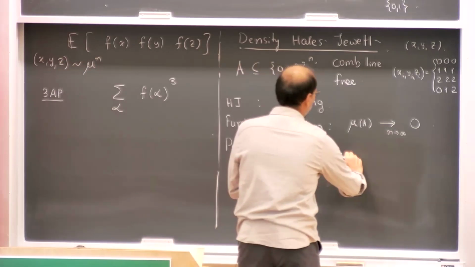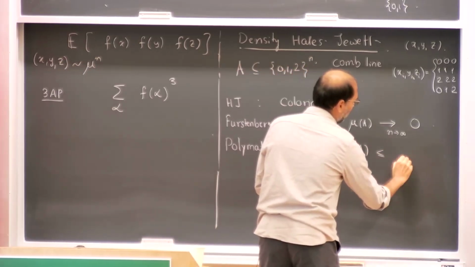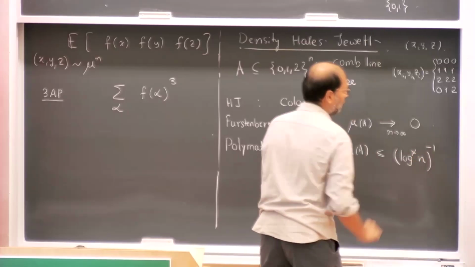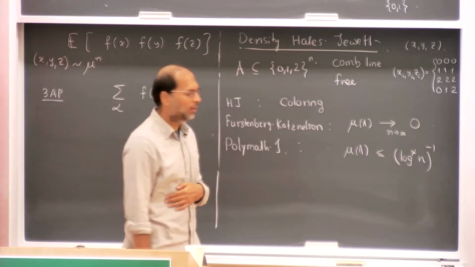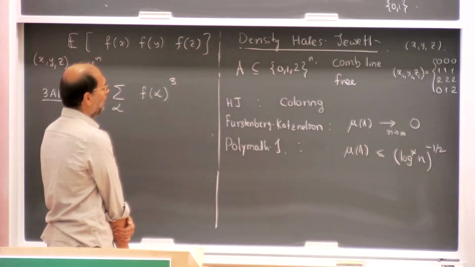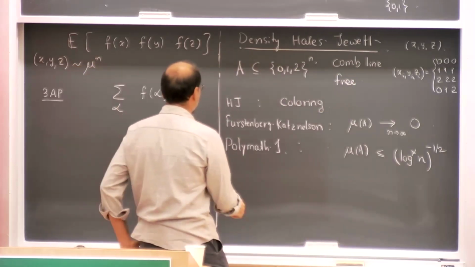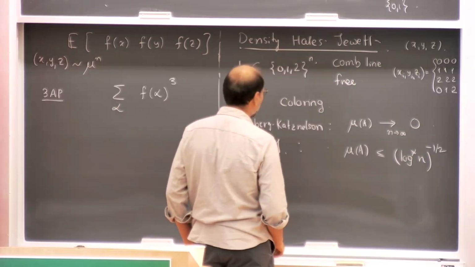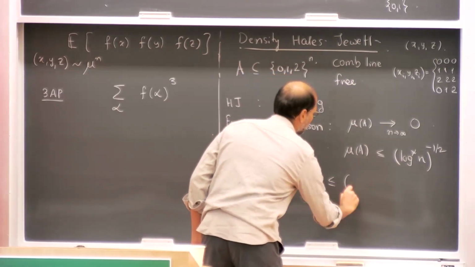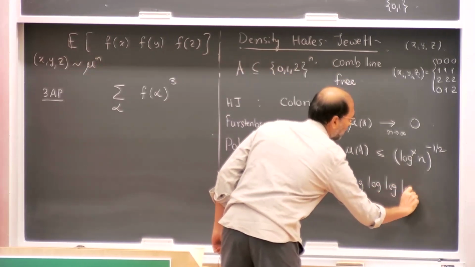And they did show that this is at most something like 1 over log star n, maybe 1 over square root log star n if one wants to be precise, which is a weak bound. And now we are able to show a reasonable bound, something like, maybe we need 4 logs here, but it doesn't really matter so much.